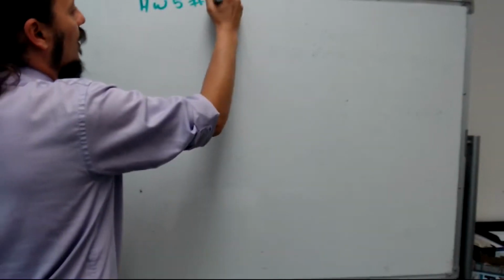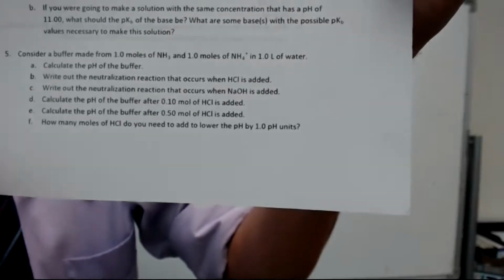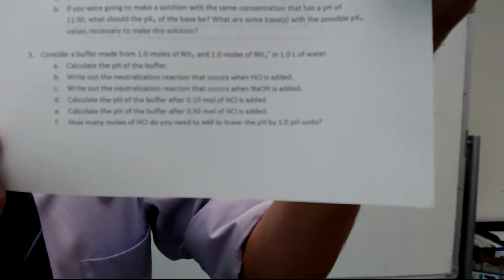Let me take a look. Okay, homework 5, number 4. Let's see if I can do this. I don't know if that's visible or if it's focusing. Hopefully. Homework 5, number 4.